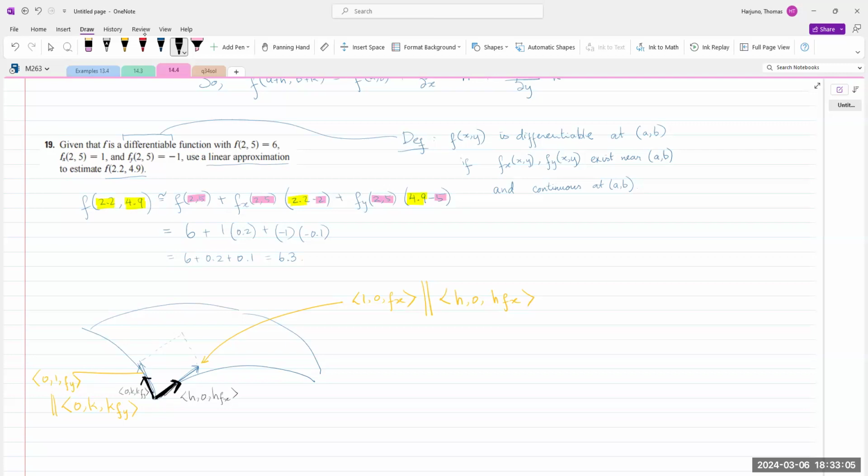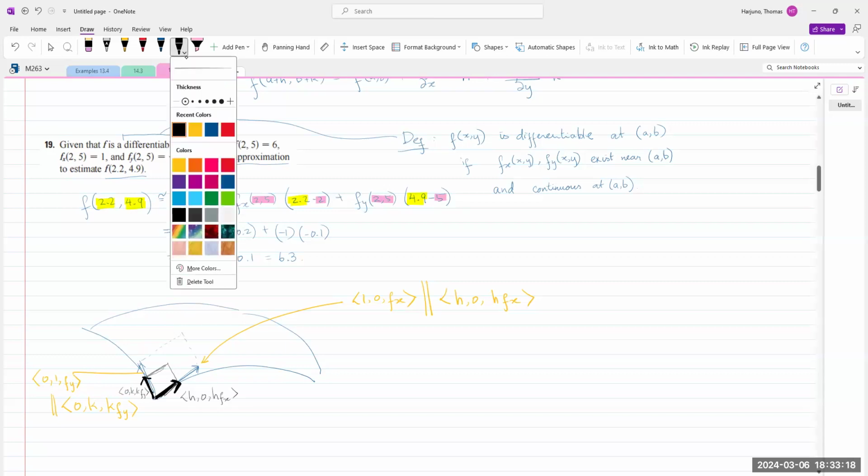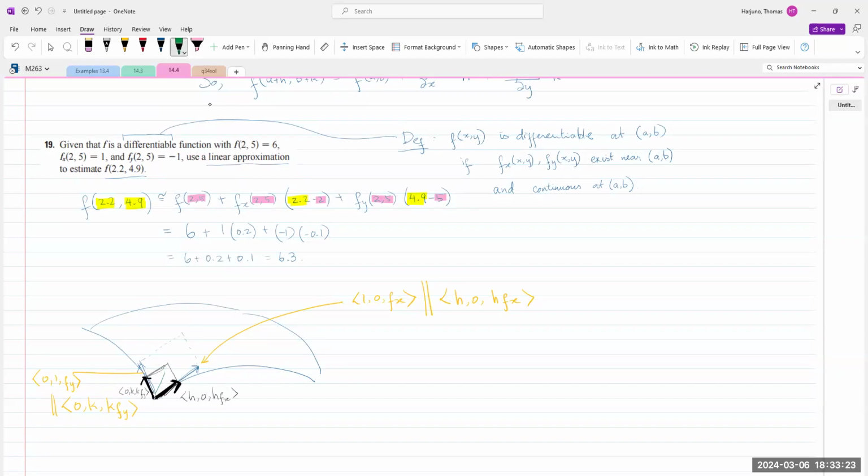Then how far do you increase if you go that way? Well, it's basically the sum of those two vectors. This green vector here is (h, k, h f sub x plus k f sub y).